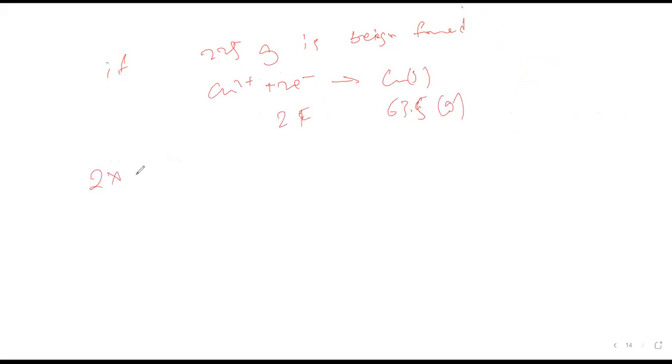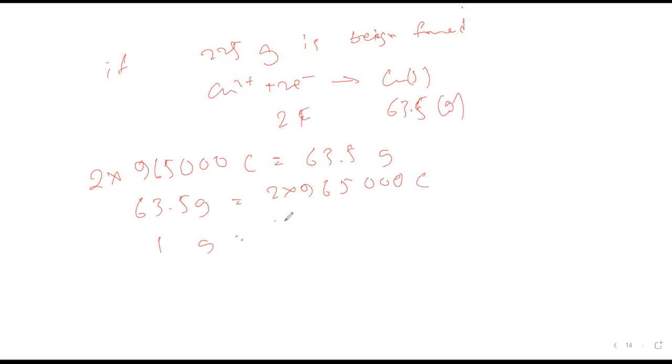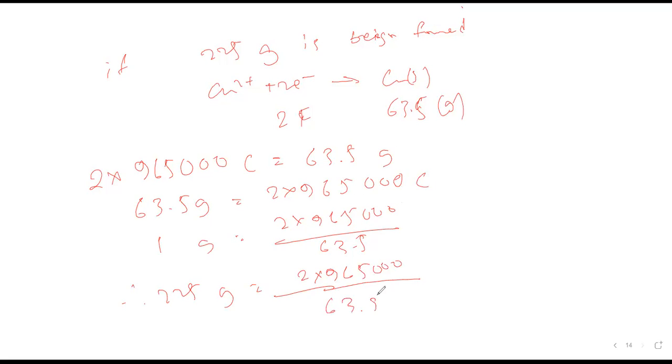So 2 times 96,500 C forms 63.5 gram. That means 1 gram is formed by 2 into 96,500 divided by 63.5. Therefore, 225 gram is formed by 2 into 96,500 divided by 63.5 into 225.